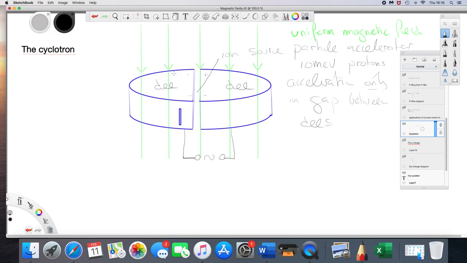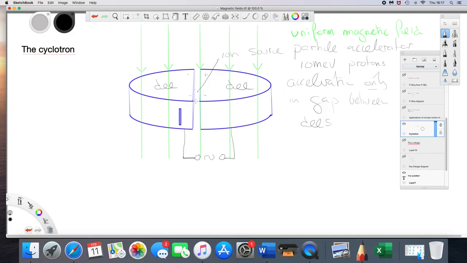Inside a hollow conductor, inside a hollow sphere, for example, there's no electric field. So there's no electric field inside these Ds, which means there's no acceleration taking place in here linearly. Clearly, the particle is being made to curve, but there is no change in the magnitude of the velocity as it curves inside the Ds.